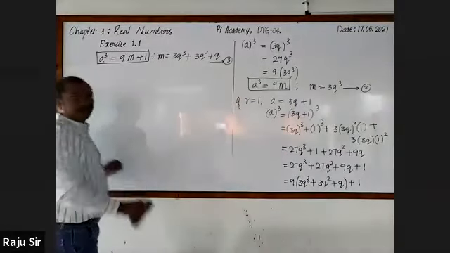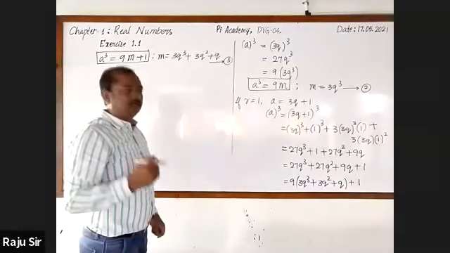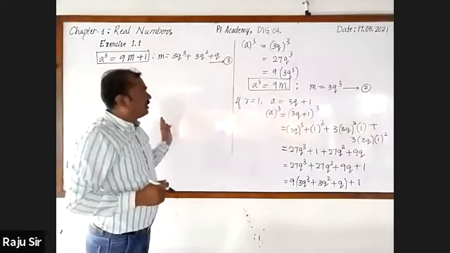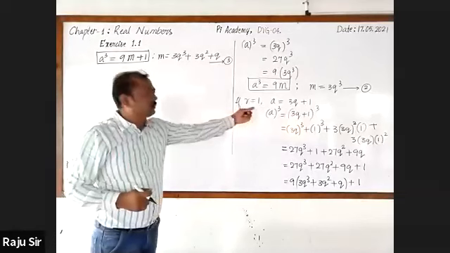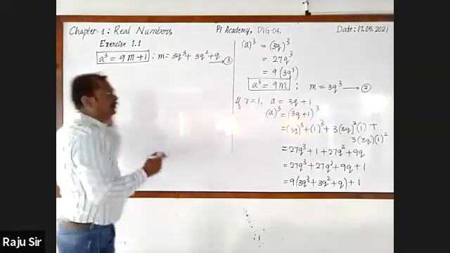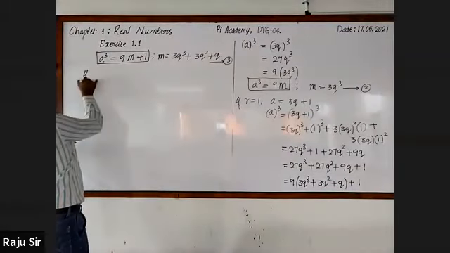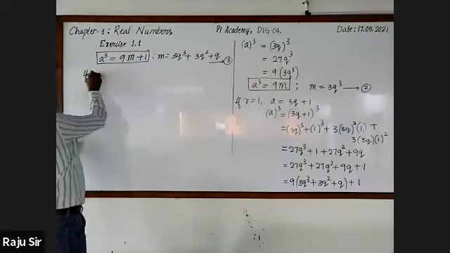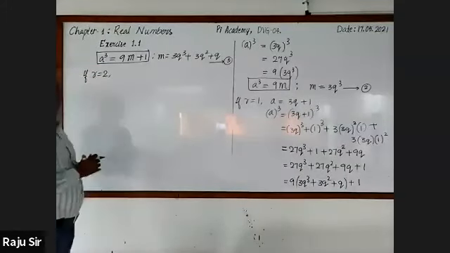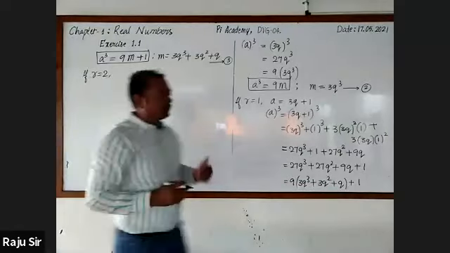Next, we have one more possibility. Let's go for taking that also. First, r equal to 0 was over, r equal to 1 was also over. Now, we are going to take r equal to 2. If r is equal to 2, then how do you write?